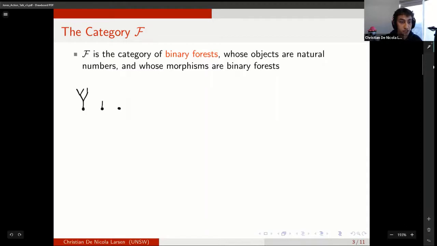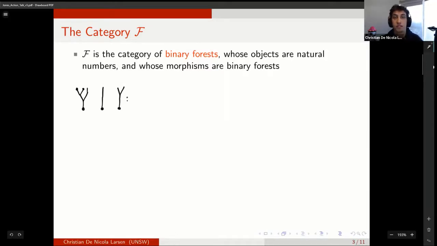We could have something that just comes directly up, and we might have something that only branches off once. But whenever we branch off, it can only branch into 2, hence the name binary. So this is a binary forest. We have a bunch of binary trees standing next to each other. As we can see, there are some endpoints at the top, and these are called leaves. These two things are leaves.